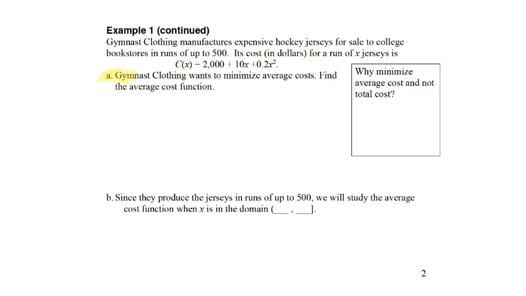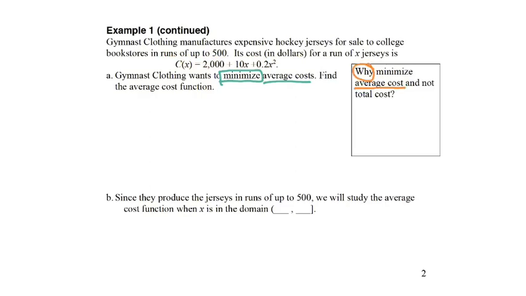So in part A, we're focused on the gymnastic clothing company wants to minimize average costs, find the average cost function. So we want to minimize. We now have a first and second derivative test to do that with, but it asks for the average cost function, and that's not what we're given.